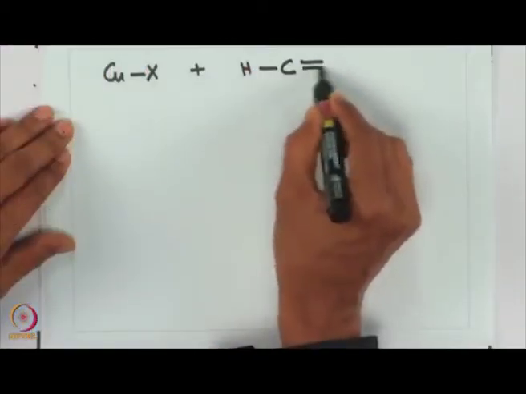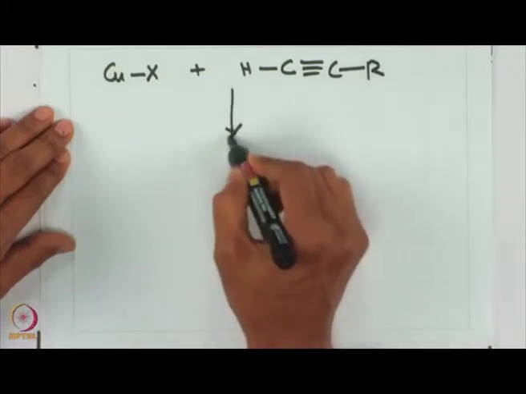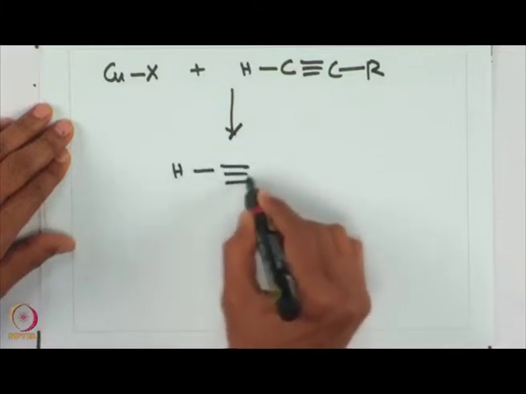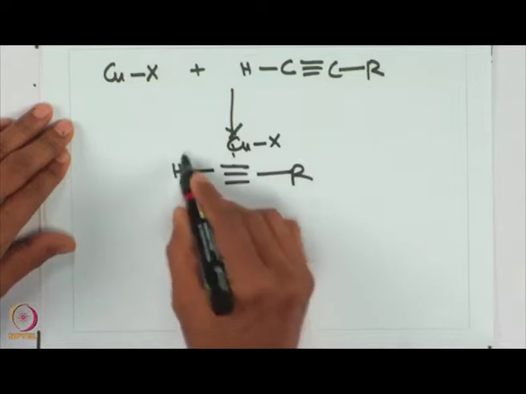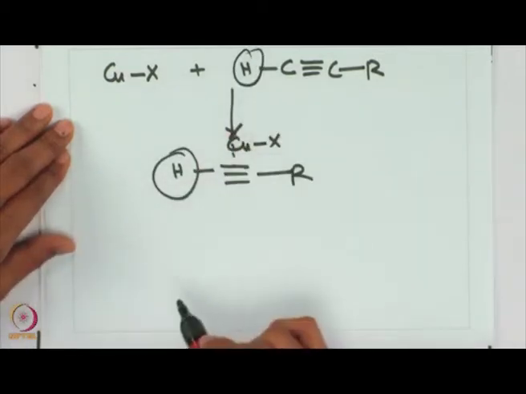So, transmetallation is one of the most interesting steps. Let us look at it. You start with copper X, and then react with a terminal acetylene or terminal alkyne, and overall you have the first step as the alkyne interacting with copper X. Now, by itself this deprotonation will not be possible.